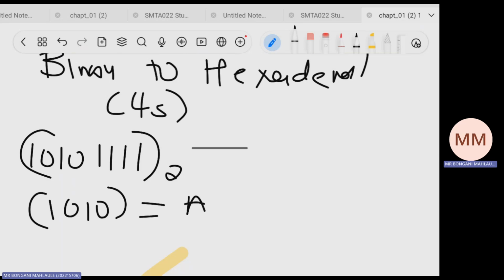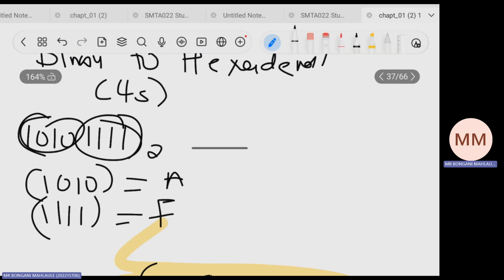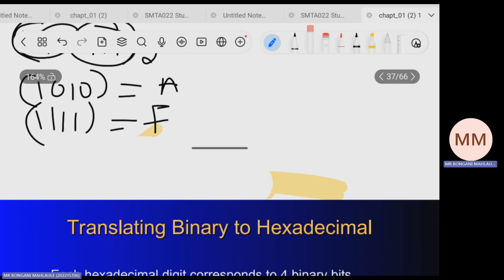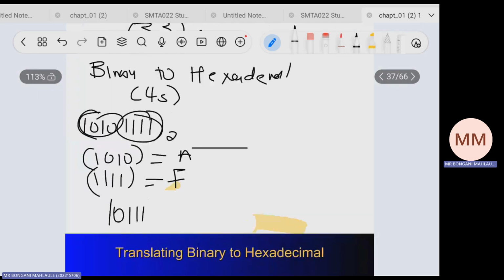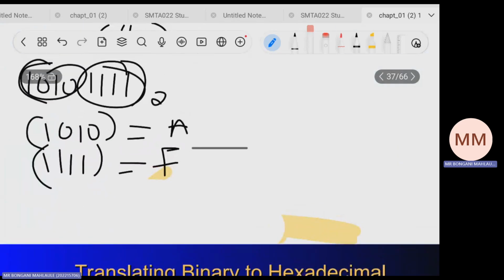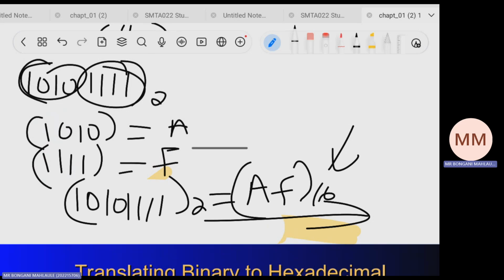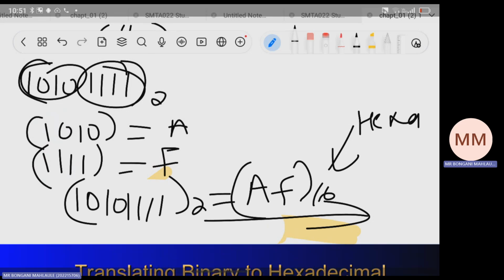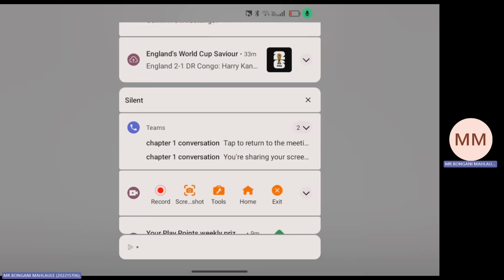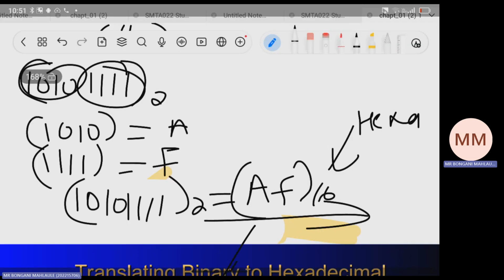So this will be equal to A. This will be equal to F. So now your final answer will just be the base 2 number, which will be AF base 16. So this is your answer in hexadecimal. So I'm going to stop.